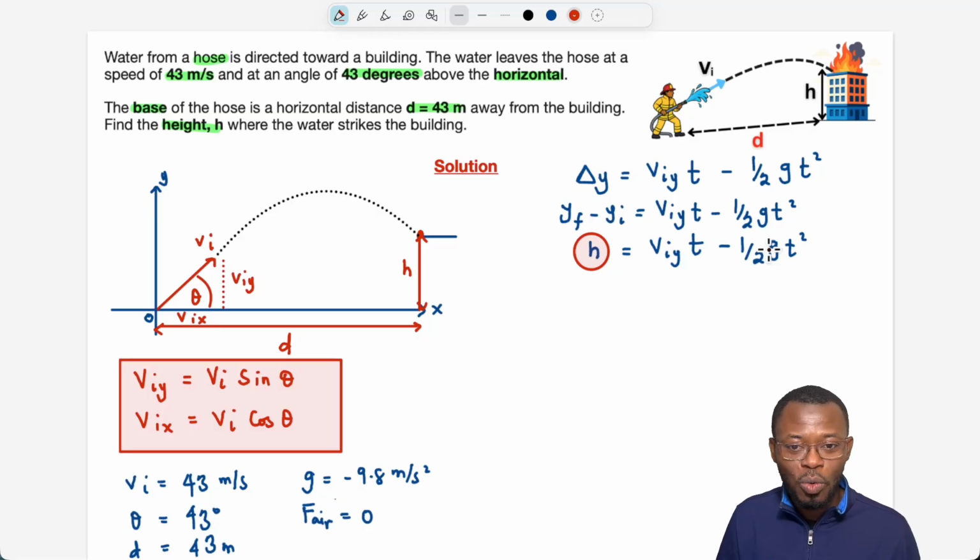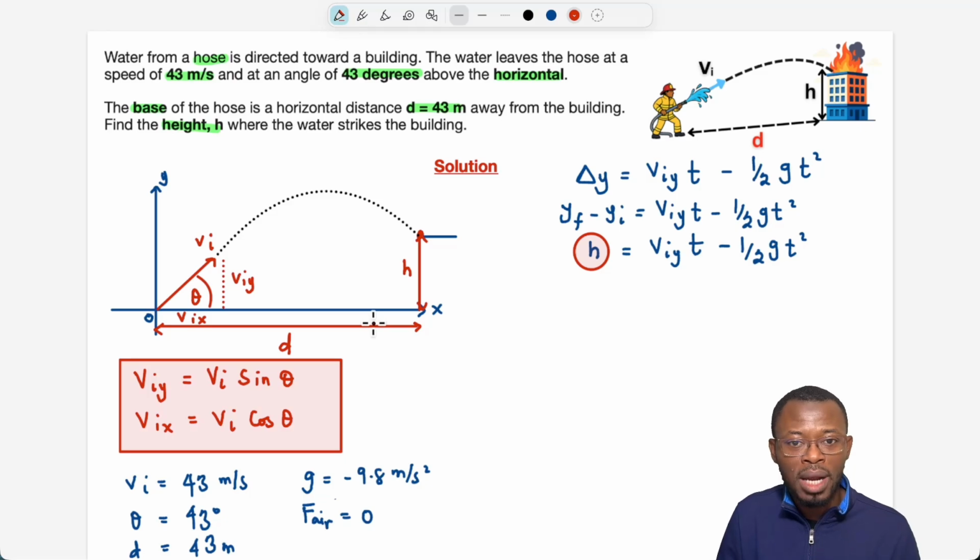Why? Because we are given the horizontal distance traveled, d, and we also know the initial speed of this object in the horizontal direction, and the physics says the horizontal speed remains constant as the object is traveling horizontally.